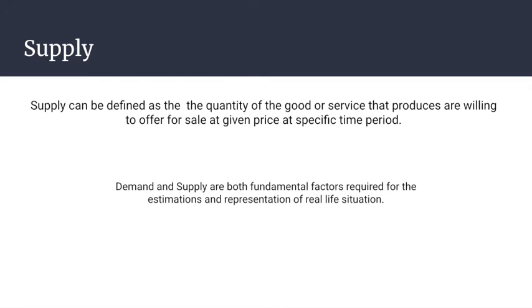Supply and demand are both fundamental factors required for estimation and implementation of real life situations. Supply as well as demand are going to be essential in our understanding of equilibrium and many other different theories that we're going to be looking at in upcoming videos.